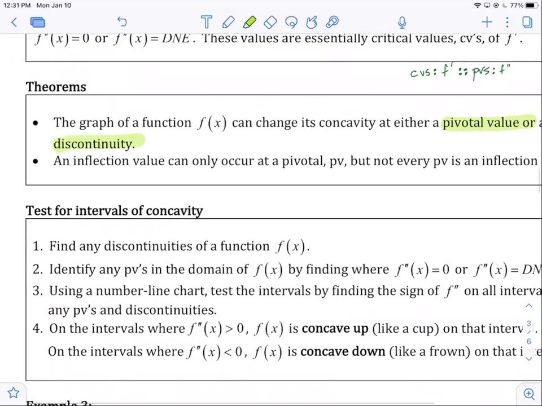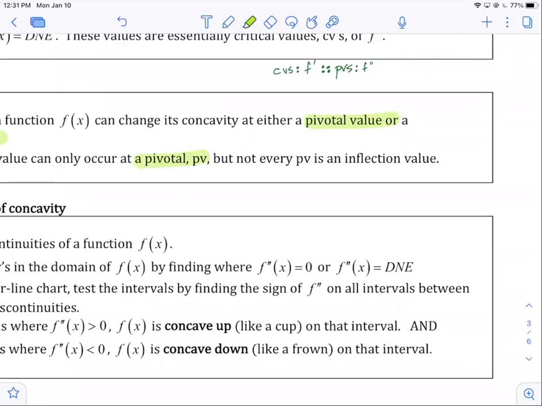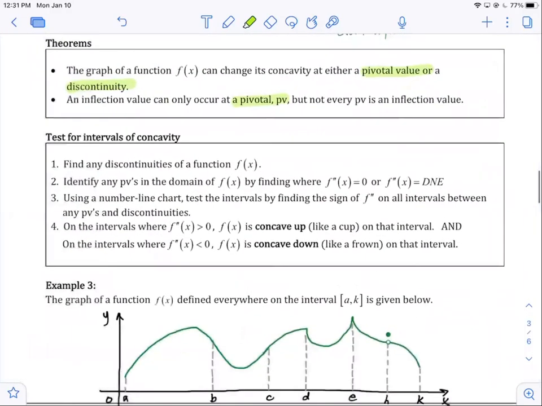And an inflection value can only occur at a pivotal value, just like a local extrema can only occur at a critical value. But not every pivotal value is an inflection value, right? As we just saw with the namaste, concave up on both sides. Just like not every critical value is a local max or min.